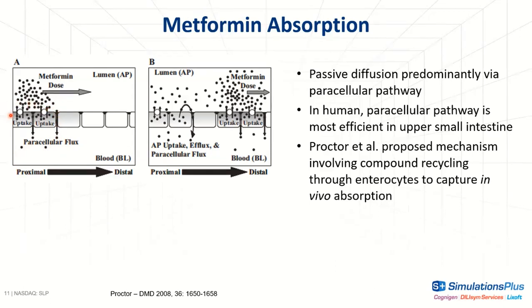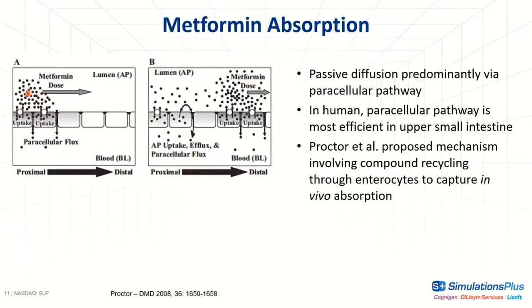But it is also a substrate for a bidirectional transporter on the apical side of the enterocytes, with no transporter on the basolateral side. But this apical bidirectional transporter would first cause the uptake of the compound into the enterocytes.